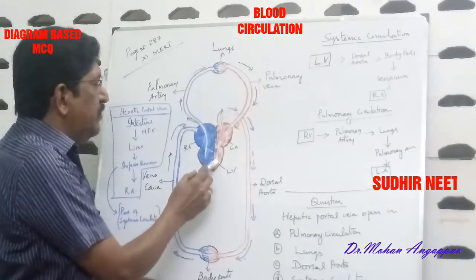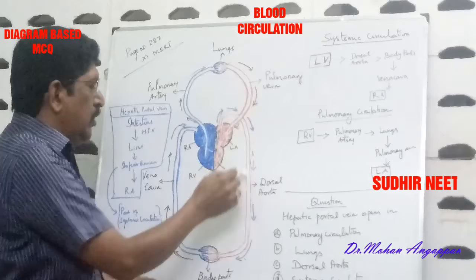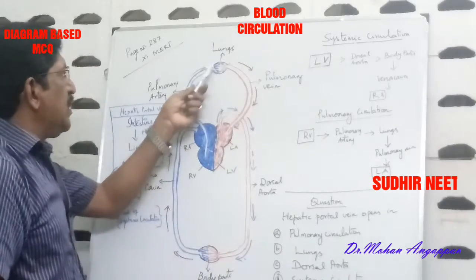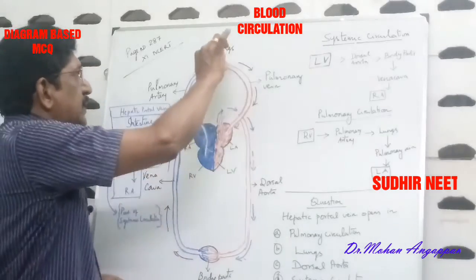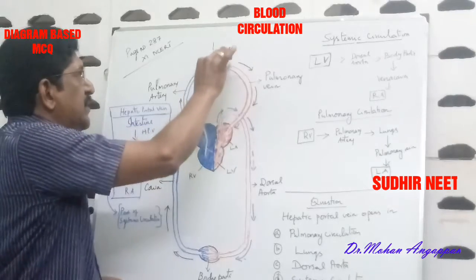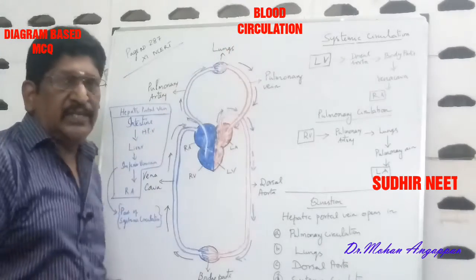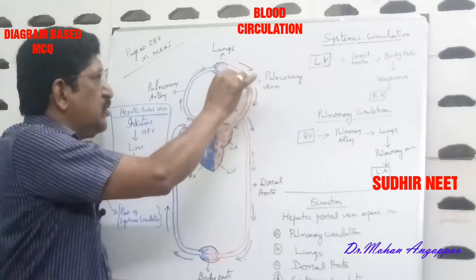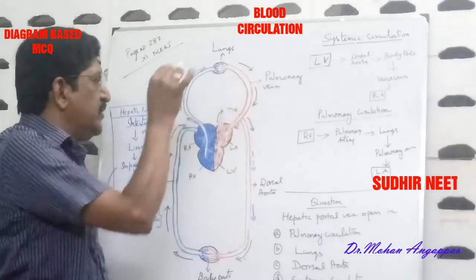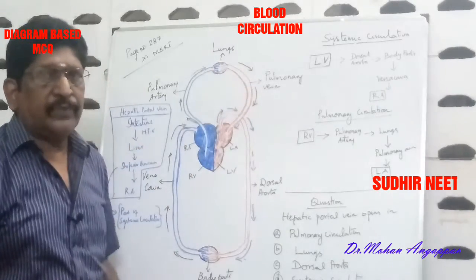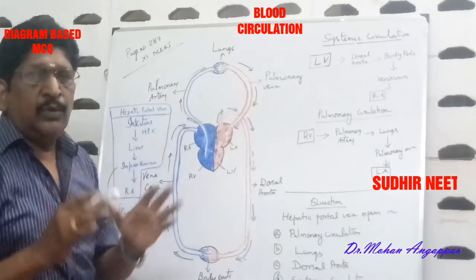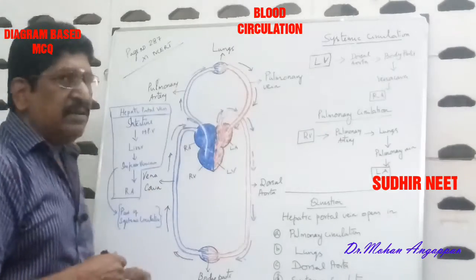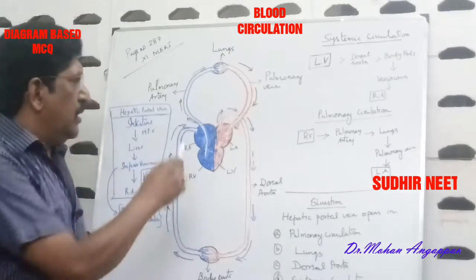Pure blood goes from the left ventricle into the aorta, to the body parts. And then the pulmonary artery goes to the lungs. And then the blood, after purification, in the lungs what happens? Gas exchange takes place. Blood is purified and the purified blood comes to the pulmonary vein and enters the left atrium.